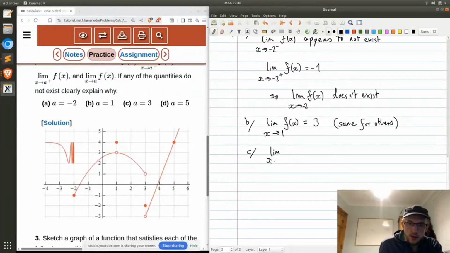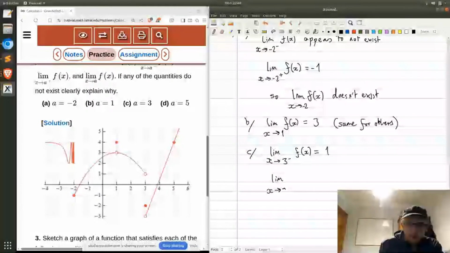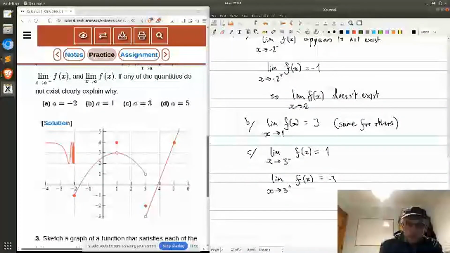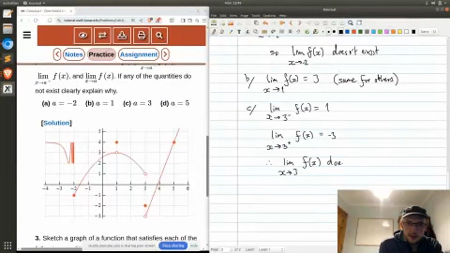Oh wow, I didn't know that did that. Okay, so I have an eraser tool now built in. So it's 1. So it's -3. And therefore, the limit as x approaches 3 of f of x does not exist.